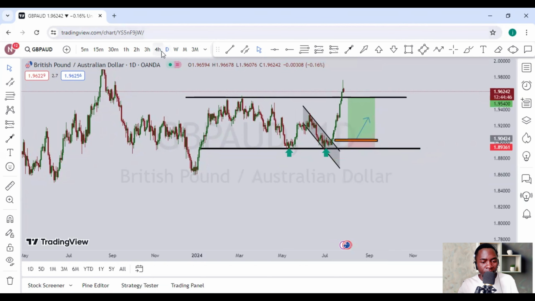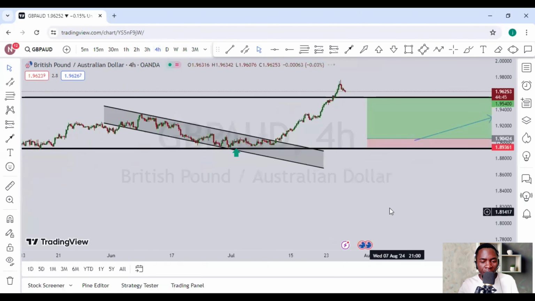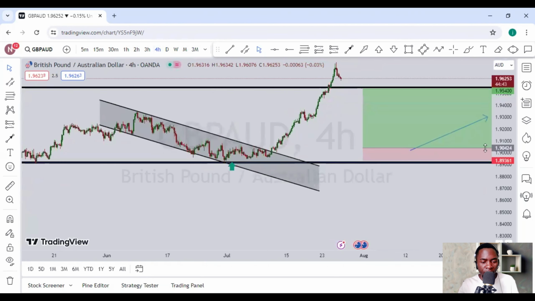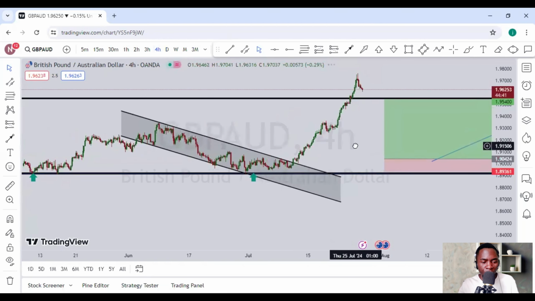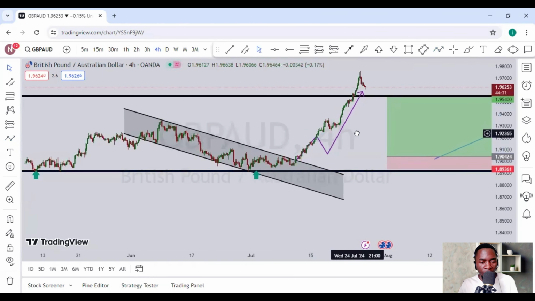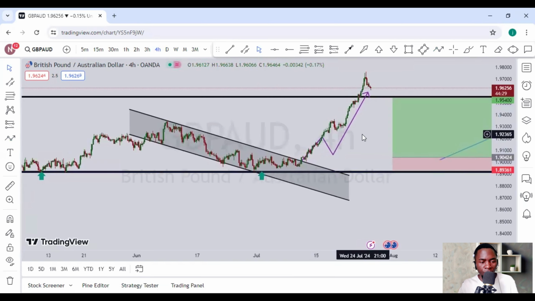The way I analyzed it, the market just did the right thing. But what made me not take this trade is that I normally want the market to come around here and give me entry before going up. But as you see on this particular pair, the market just went straight to the take profit. And one thing I normally do is follow my strategy.